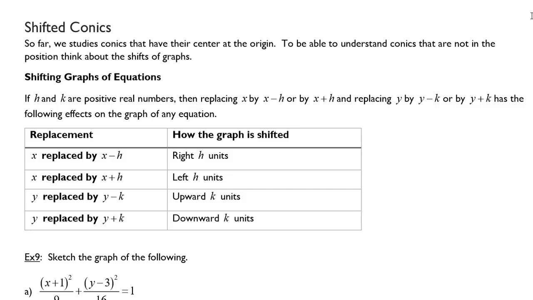If we replace x by x plus h, it will shift the graph to the left h units. Similarly, if we replace y by y minus k, it will shift the graph up k units. And if we replace y with y plus k, it will shift the graph downwards by k units.